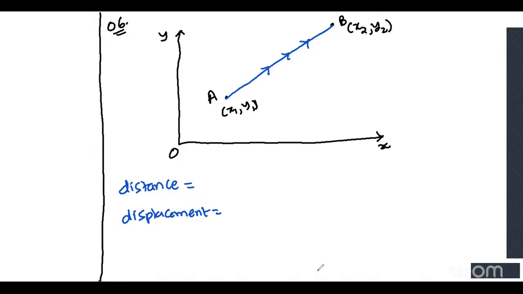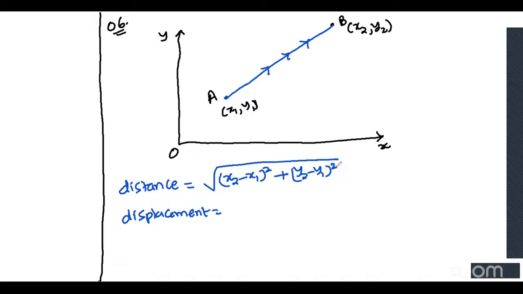Fine. Distance means here in mathematics, we know that distance between 2 points is under root x2 minus x1 whole square plus y2 minus y1 whole square. Is it fine?